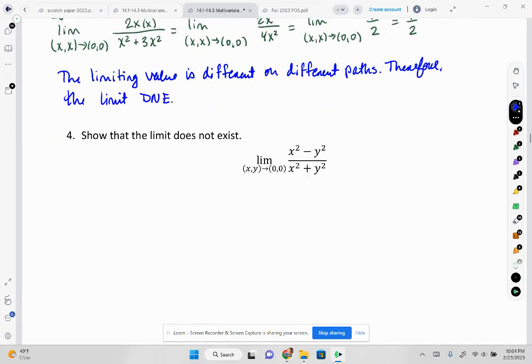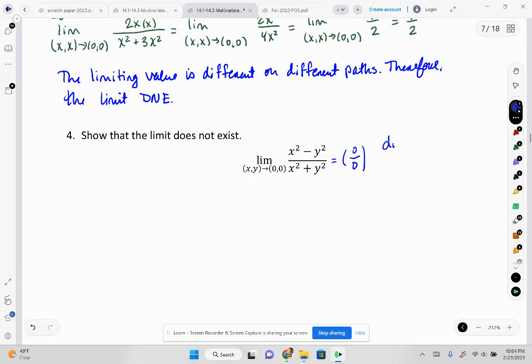In 4, we want to show that the limit does not exist. So again, we are going to go ahead and check to see if we can do direct evaluation, check to see if algebra will help us. We're going to check all the things. So with direct evaluation, I get 0 minus 0 on top, which is 0, and 0 plus 0 on the bottom, which is 0.